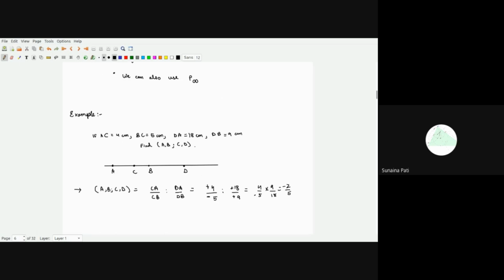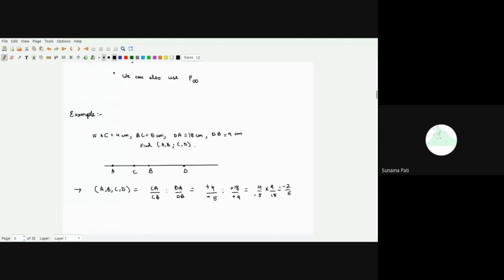Then we have DA going in the same direction, +18, DB going in the same direction, +9, and then you do the manipulation, you get -2/5. Everybody fine with this? Siddharth, Swastika, Anurag, Anush, everybody? I assume yes.